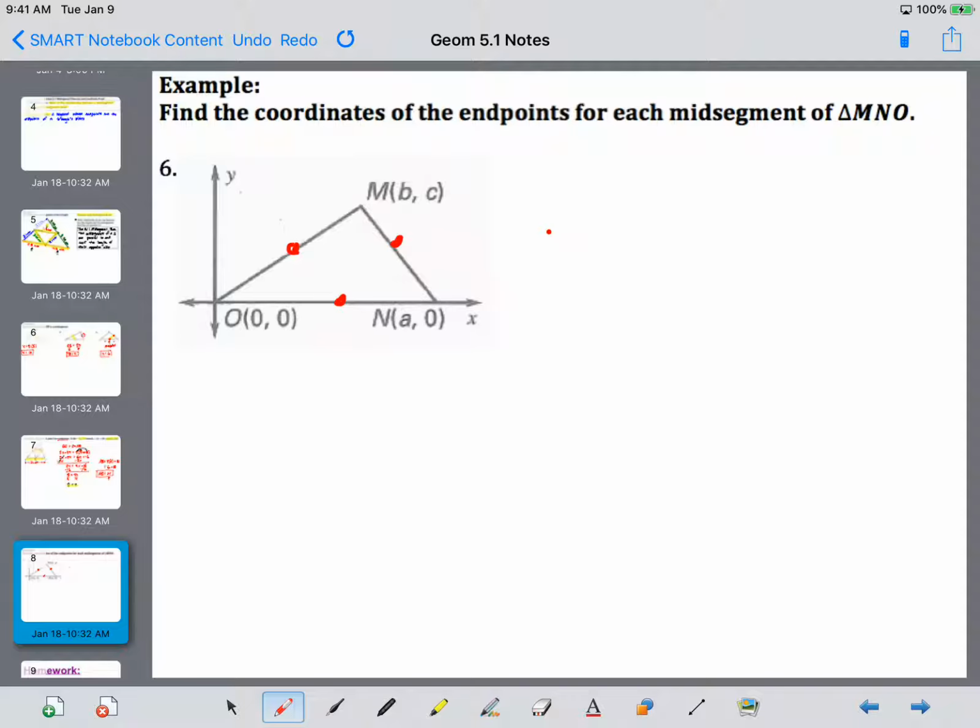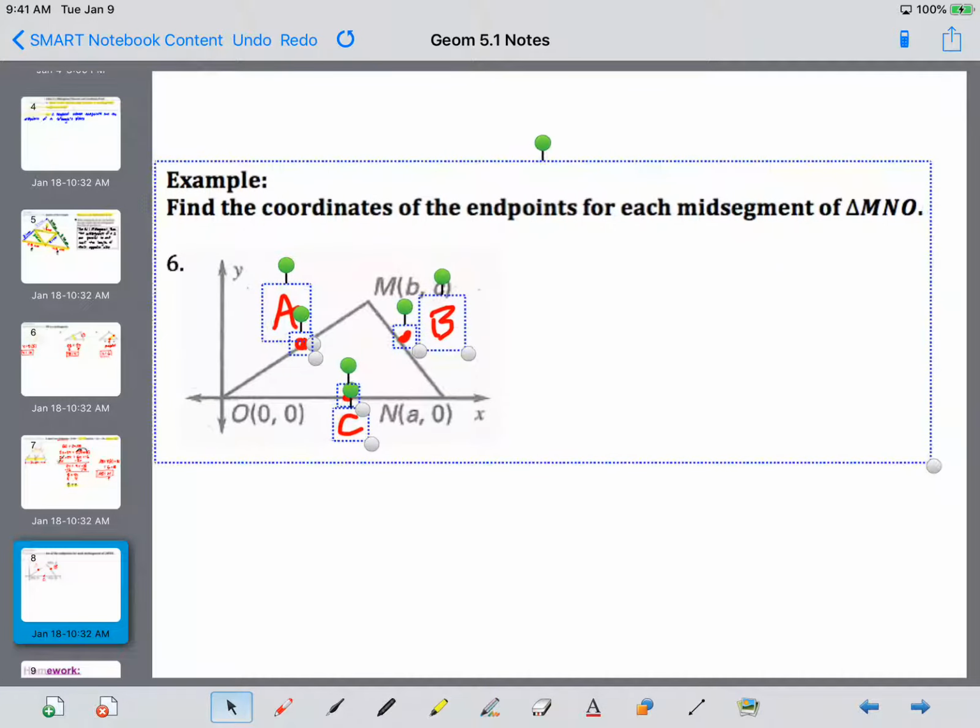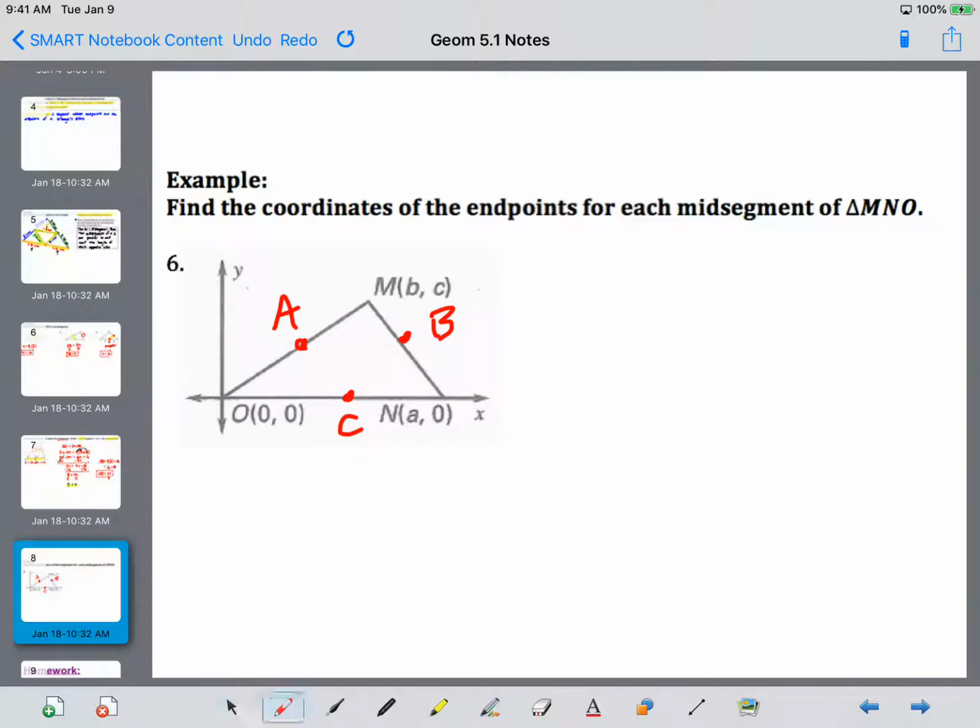So first of all, I'm just going to name these. I'm going to call this A, this B, and this C. And to figure out where those midsegments are, we have to find the midpoint. Well, if you remember, there's a formula that helps us find midpoint. So if you have some room above this example, I'm going to move this down, we're going to write down the formula that calculates midpoint for us.